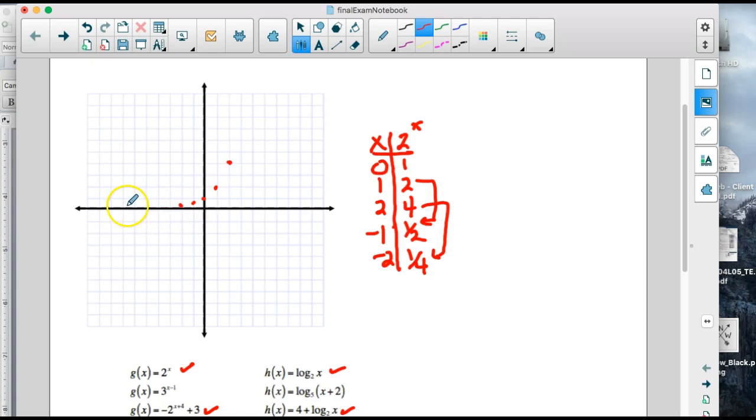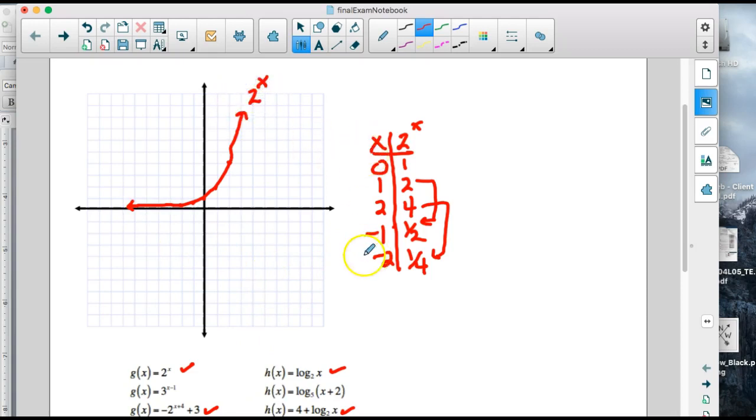So our graph would have an asymptote at 0. We would generally come up close to the x-axis. We'd bend around, we'd go through the value of 1, and then we would bend up towards, oops, that's a little off, but it would bend up like that. Okay, so that's 2 to the x power.